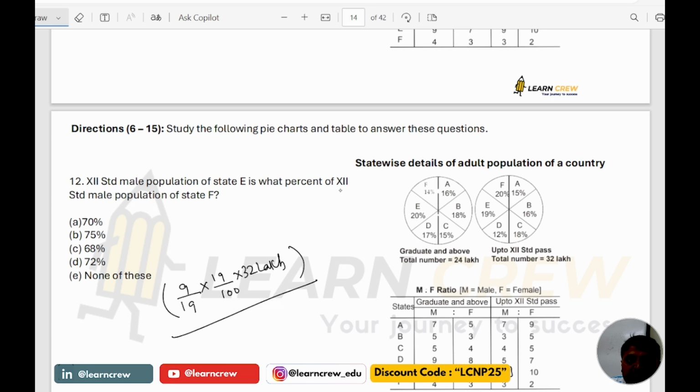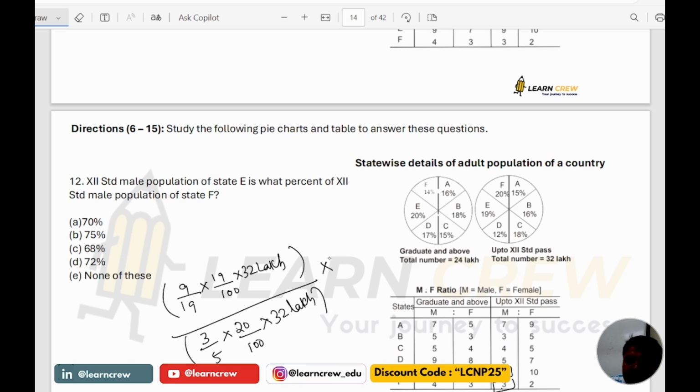State F is how much? 3 by 5 of state F, how much we got here? 20 percentage of same 32 lakhs. This is what percent of this is the question.